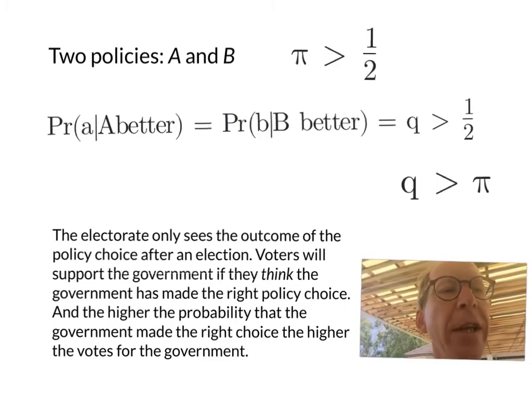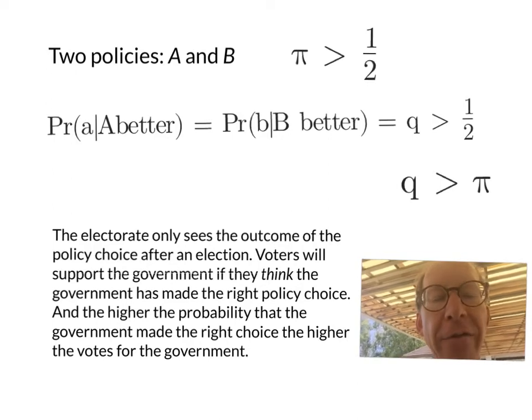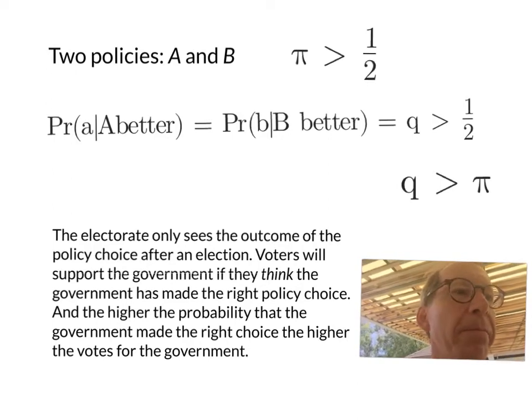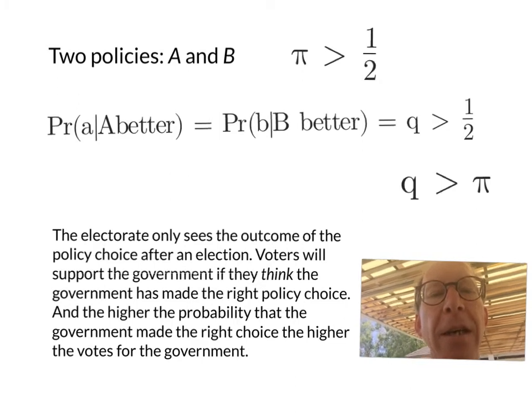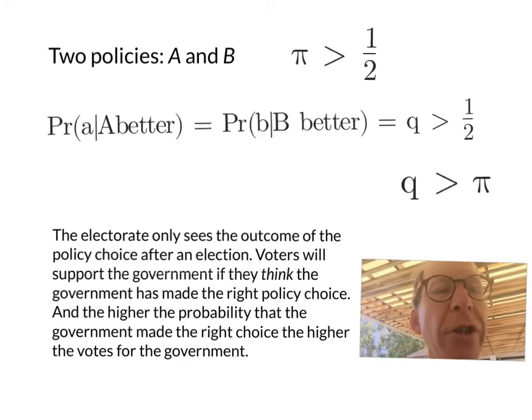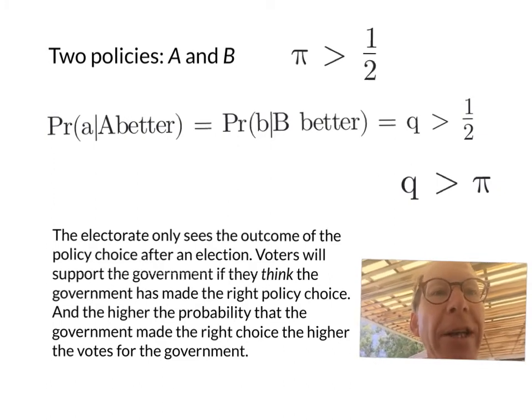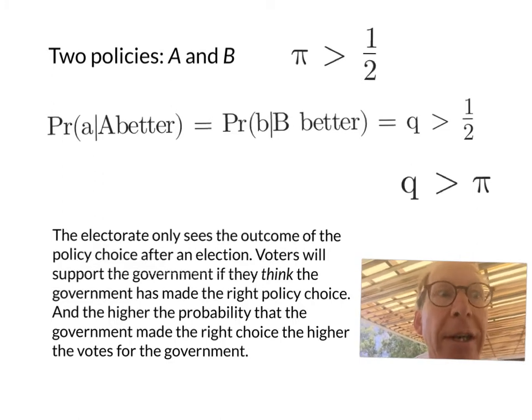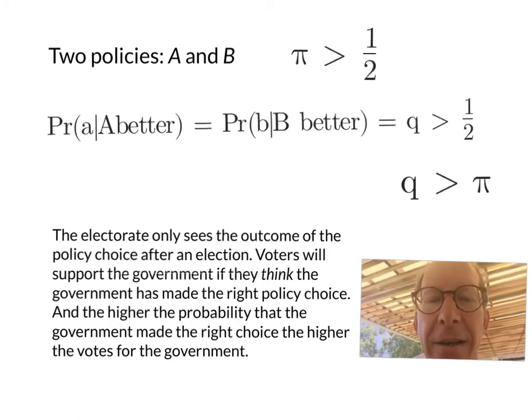But the assumptions we've got here say that if the government observes little a, well, that just builds on the prior probability. Pi, remember, is the probability that capital A is the better policy without any extra information. So if they get more information that says, well, yeah, capital A is really good, clearly capital A is the better policy.